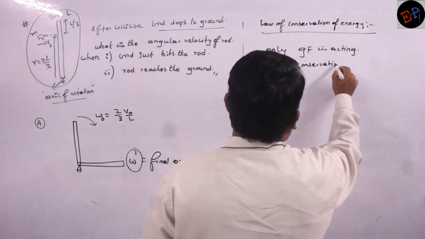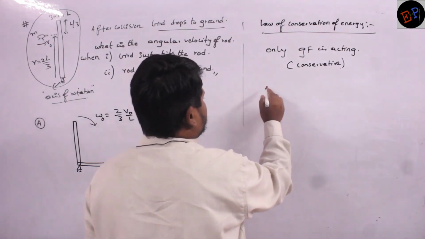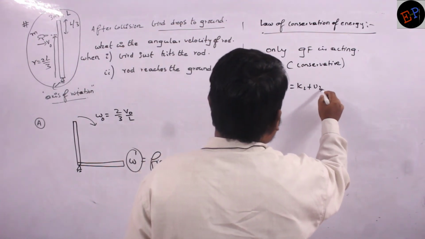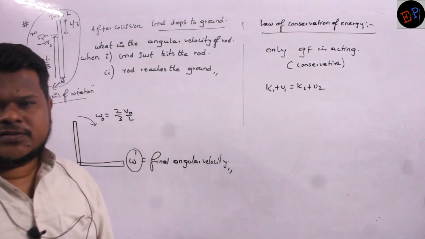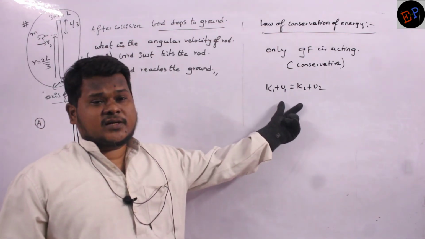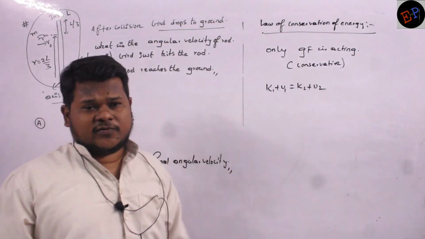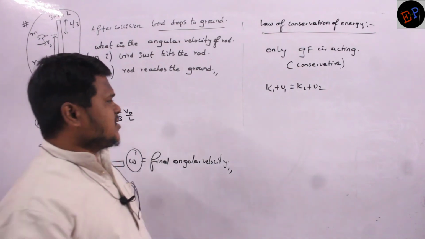Okay, because it is a conservative force, I can use the law of conservation of mechanical energy, no? K1 plus U1 is equal to K2 plus U2. In which condition can I use this formula? When only conservative forces are acting. Are you able to understand?